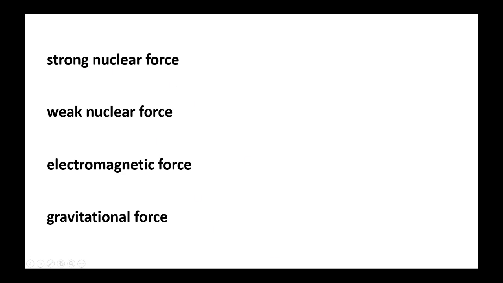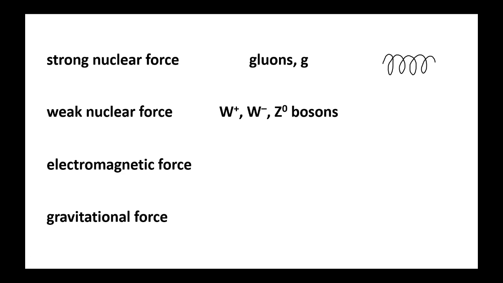The strong nuclear force has gluons, which we represent sometimes with a G. We can actually assign different drawings for the different exchange particles. Gluons are often shown like this. They look kind of like a spring. The weak nuclear force, its exchange particles are the W+, W-, and Z bosons.